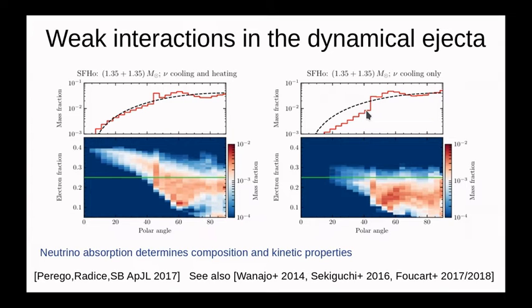The electron fraction is actually higher at all latitudes, which you see in the bottom part. These ejecta properties are quite important to then determine the kilonova light, and it seems that there's a parallel between what we find in the Bayesian analysis and the challenges of the simulations.